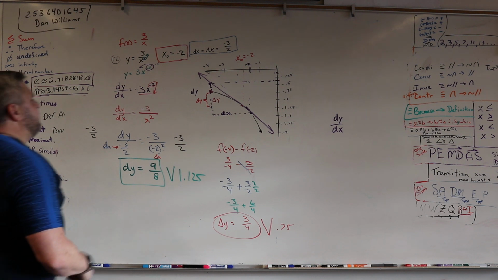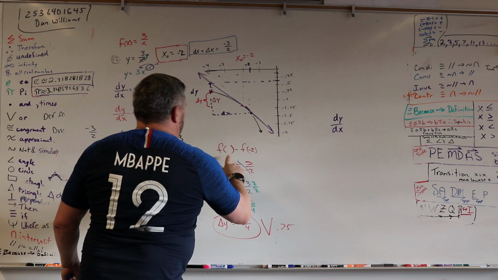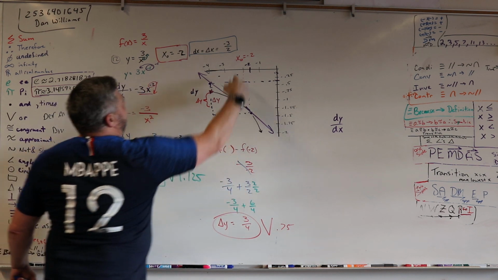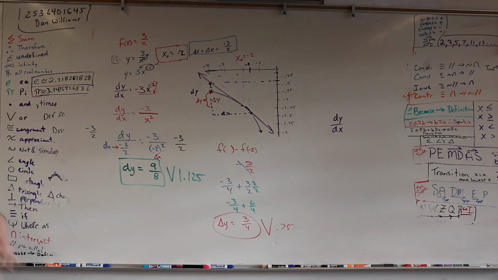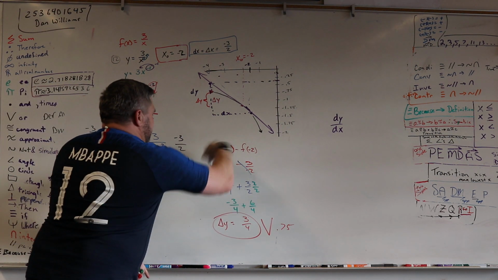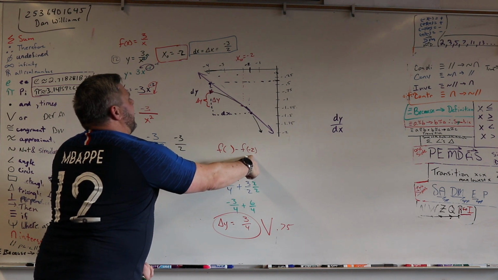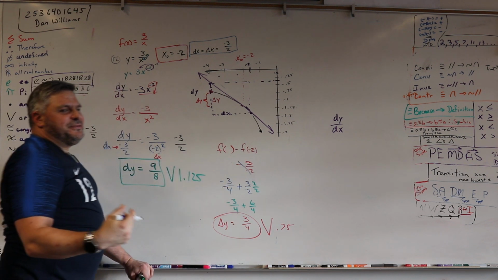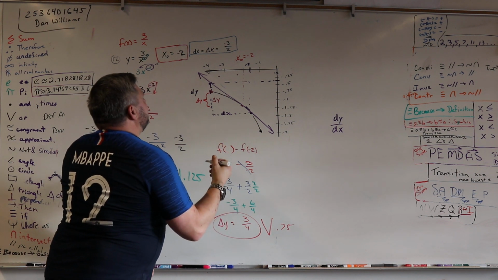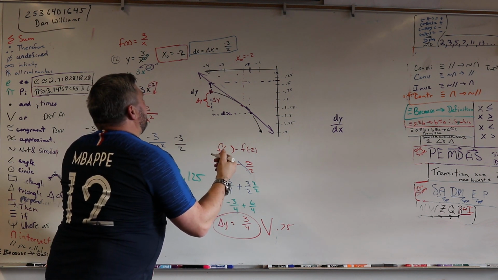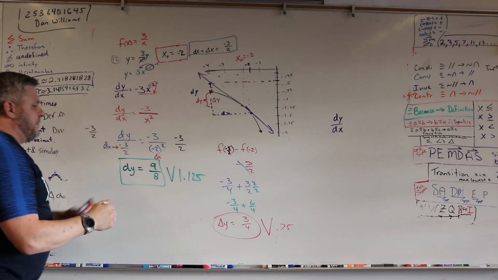Oh, my bad. Because our change is that, that's what it was. This value should have been 1.5 different. So when I plugged in this, it should have been negative 1.5 plus negative 2, or what is that? Negative 5 over 2, and that would have been different.